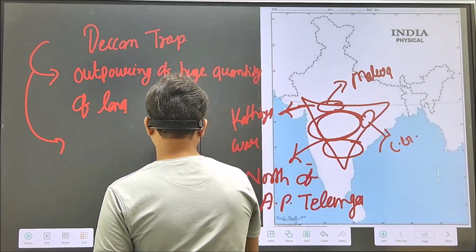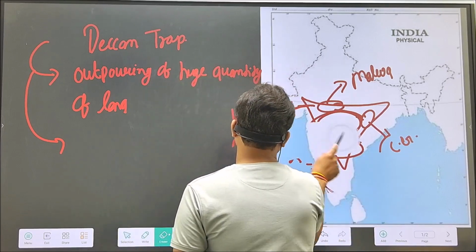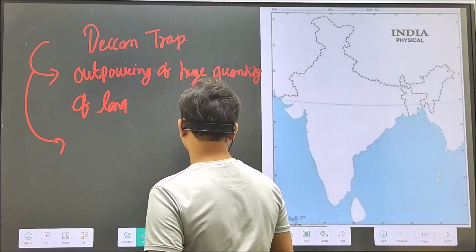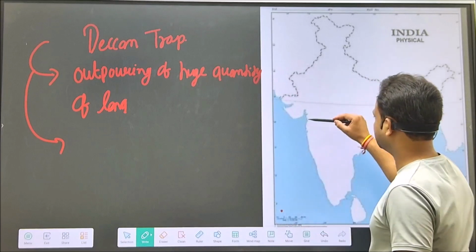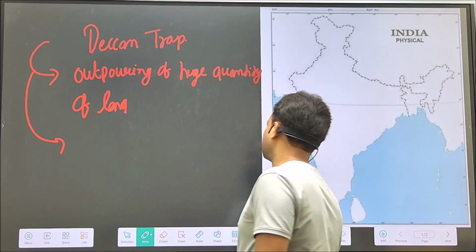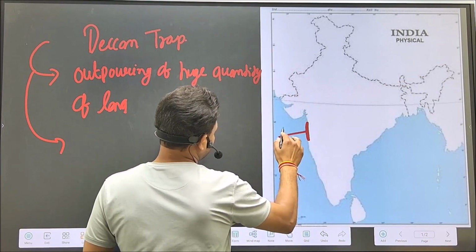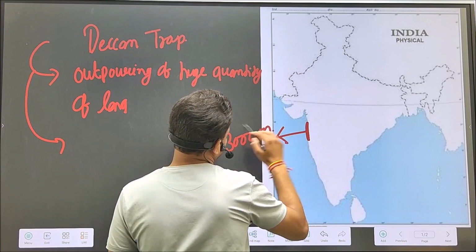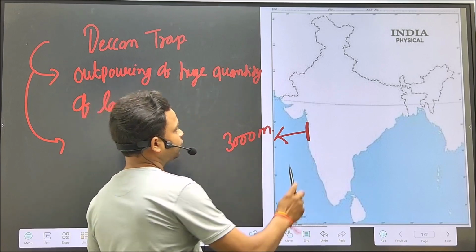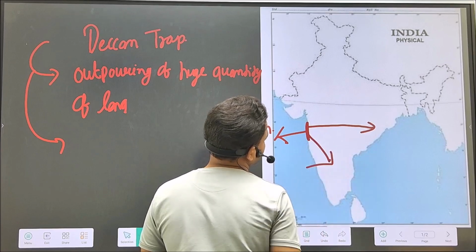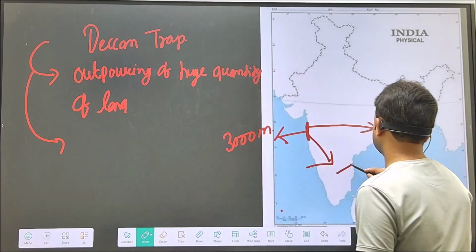Now we will see the thickness of Deccan Trap. You will find that in the Maharashtra coastal region the thickness of basaltic rock is highest, about 3000 meters. And if you go from here to the east or south, the thickness will reduce.